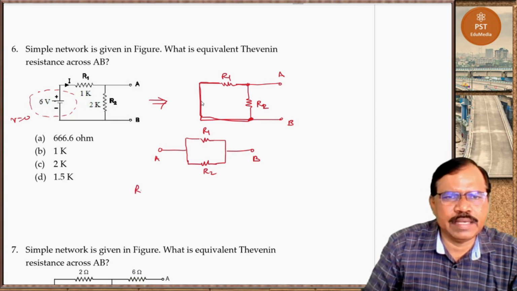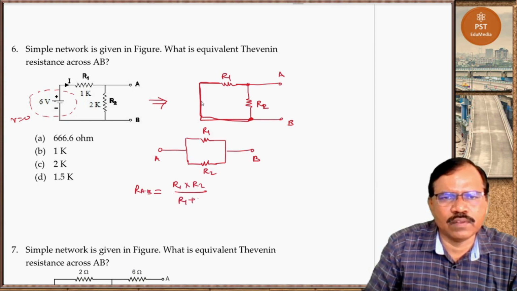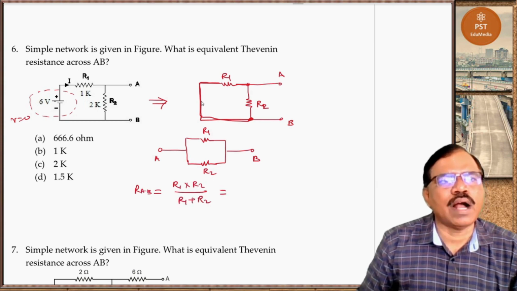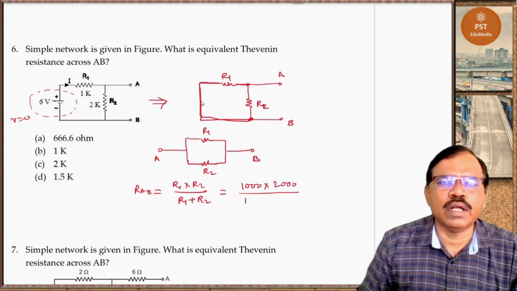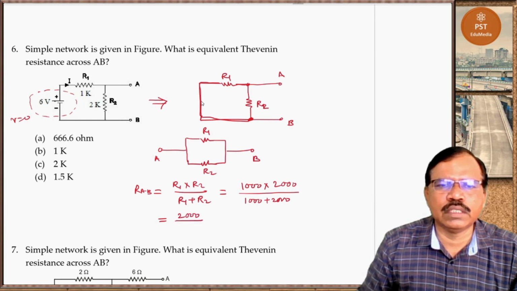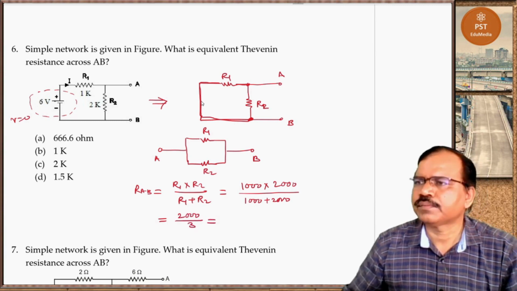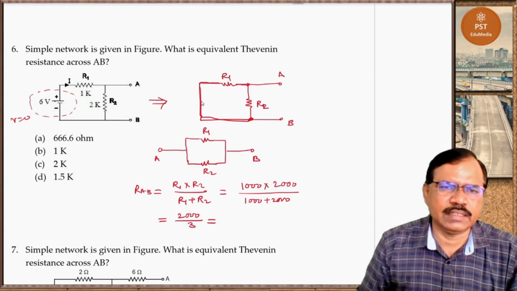So what is RAB? Two resistances are in parallel, so R1 into R2 upon R1 plus R2. Now R1 is 1 kilo ohm, that is 1000, into 2000 divided by 1000 plus 2000. So we get 2000 by 3.